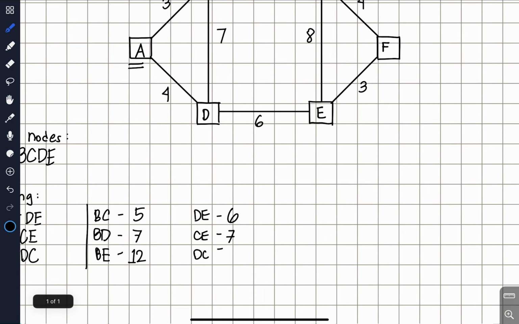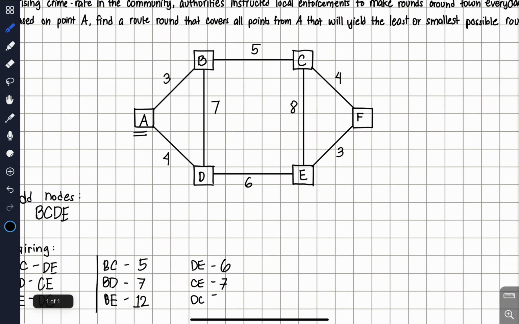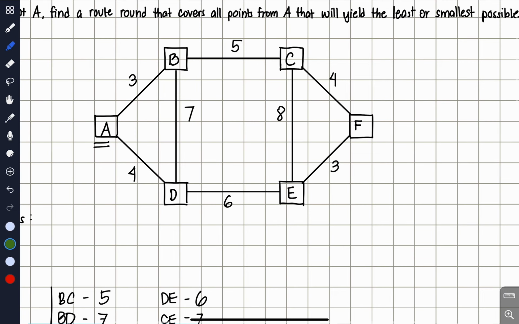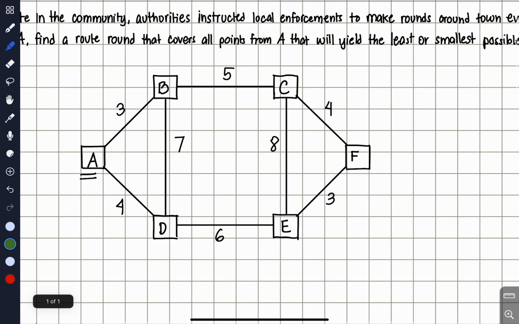Then lastly, we have DC. Again, we'll look for a minimal path. So from D to E to C, we'll have 14. I guess we can still look for other options.